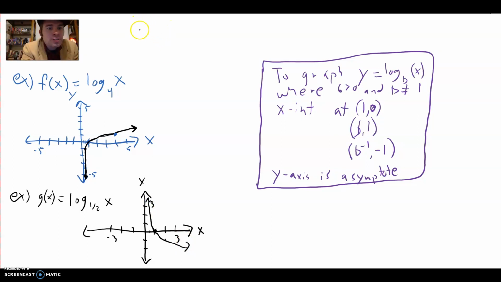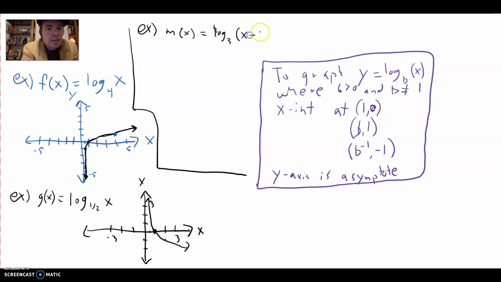I want to do one last example. This time let's have a function that's been shifted around a little bit. I'm just going to squeeze this in up here. So let's try m of x equals log base 3 of (x minus 2).